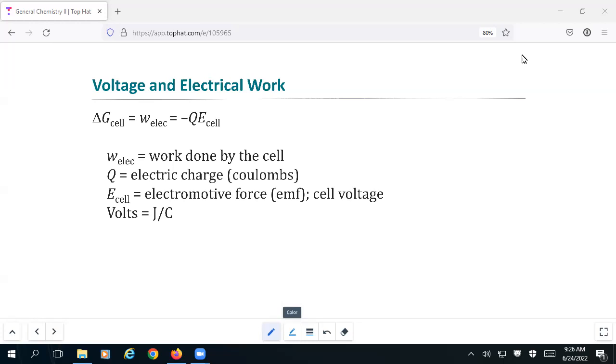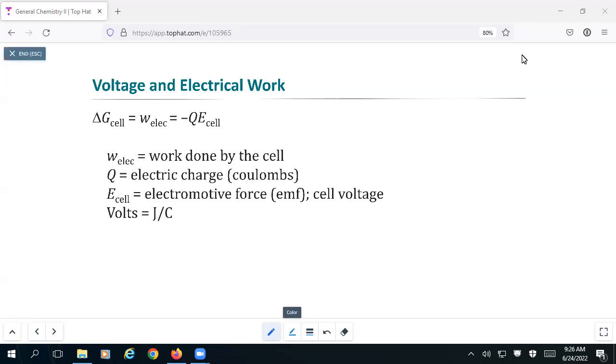And the relationship between the two is that delta G, the free energy for the cell, aka the work done by the cell, is equal to negative Q, Q being the electric charge in coulombs, times the measured value of the cell potential.